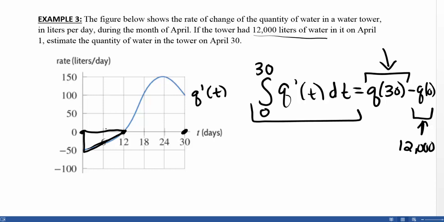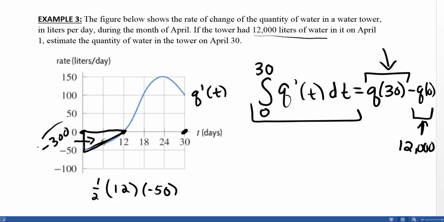So when I do that, I'm going to do 1/2 base times height. My base here is 12 units long, and then my height is -50. So if I multiply all of those things together, I get -300.